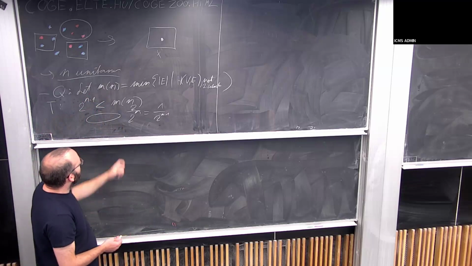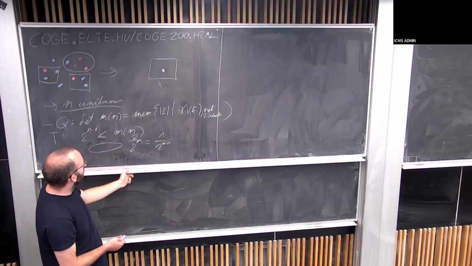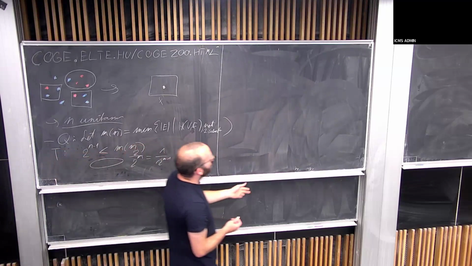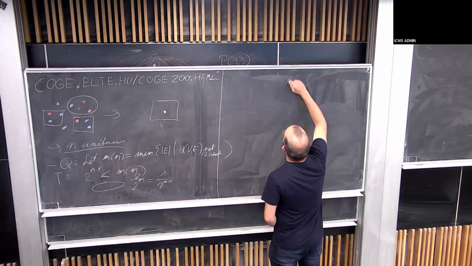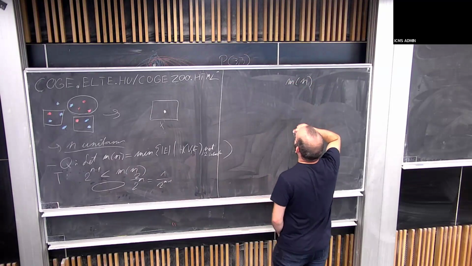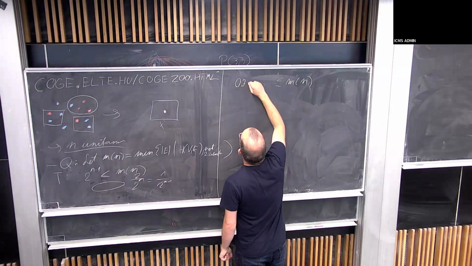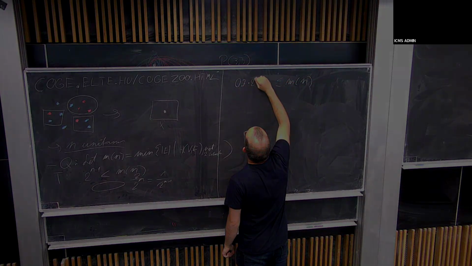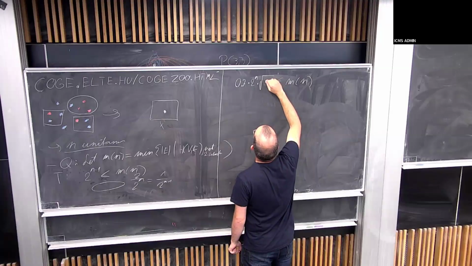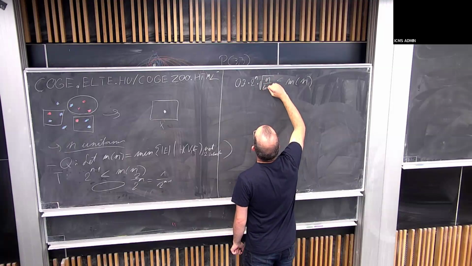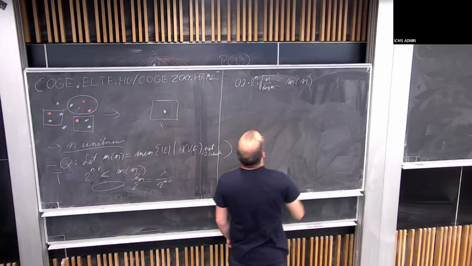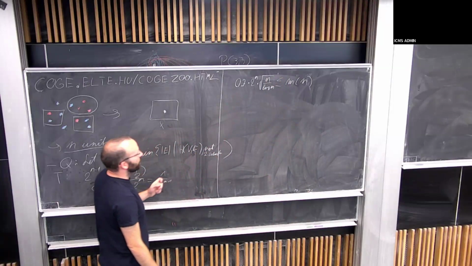Of course, we can say something better than this. So what is the state of the art? This is 0.7 times n times square root of n over log n. Not much bigger, but still bigger than the obvious proof.